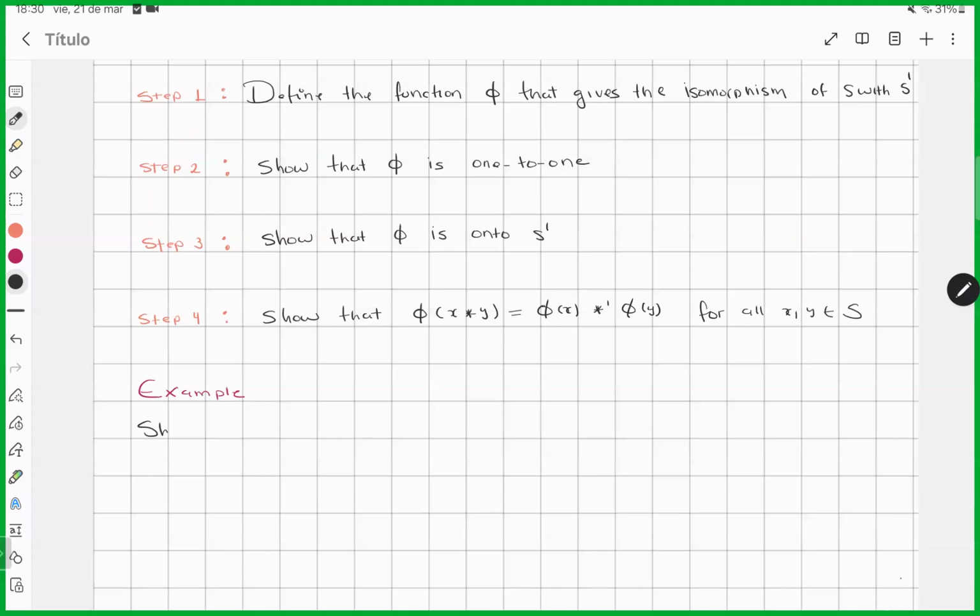Show that the set of real numbers with the addition is isomorphic to the set of positive real numbers with multiplication, where plus and dot are the usual addition and multiplication.